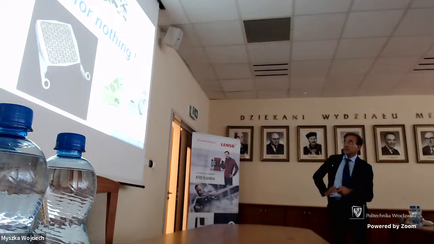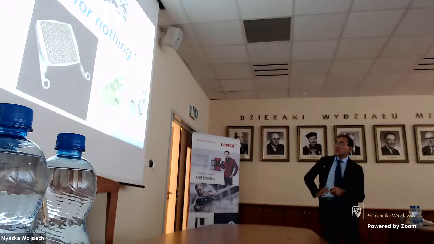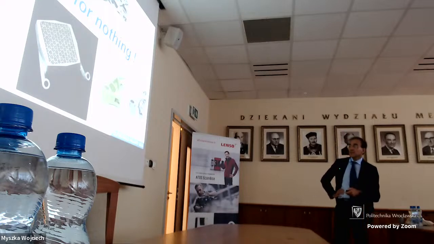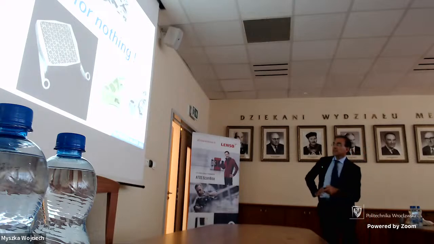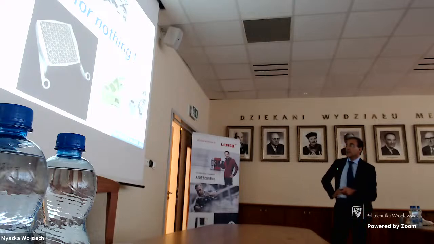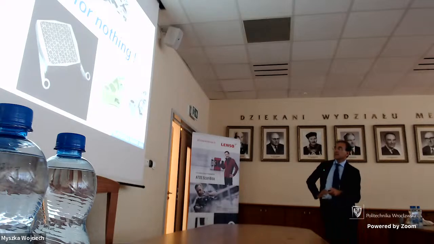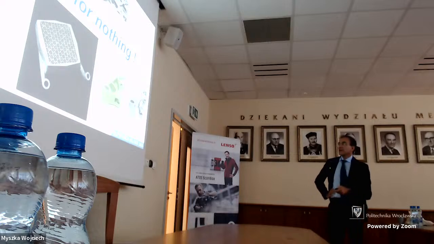The same here: the two design concepts are, one with traditional processes, the other optimized and obtained by using additive manufacturing. We see that the second one is much lighter and the use of the material is much better.